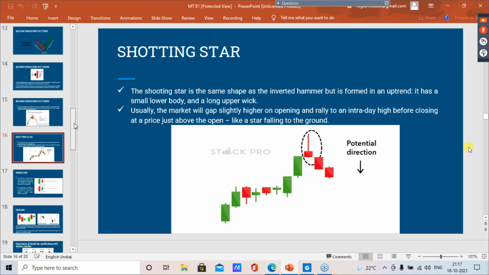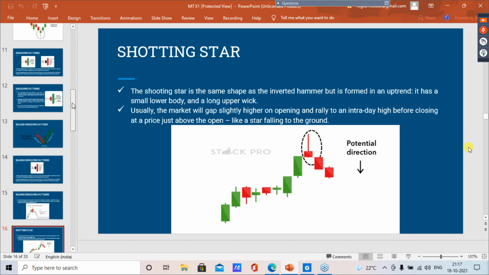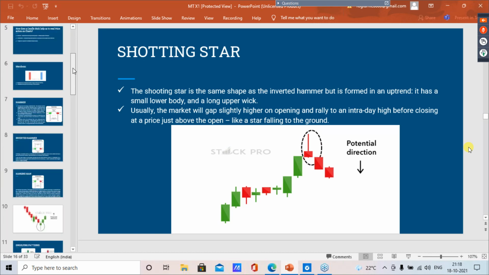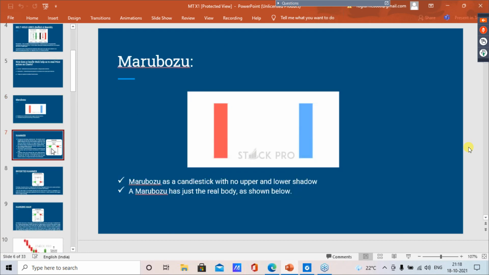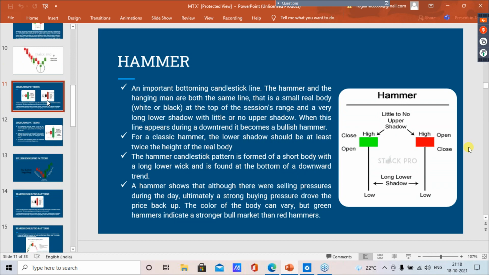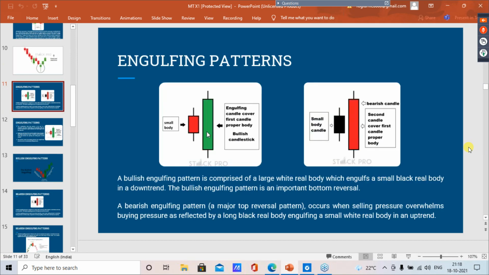Okay. So with Marubozu, inverted hammer, and bullish hammer, we use only a single candle to decide the entry. Right? Marubozu is also a single candle, hammer, bullish and bearish, is a single candle. But when it comes to the engulfing pattern, we are taking two candles into consideration: a small red candle and a huge green candle. This bullish engulfing will work as a bullish hammer only.